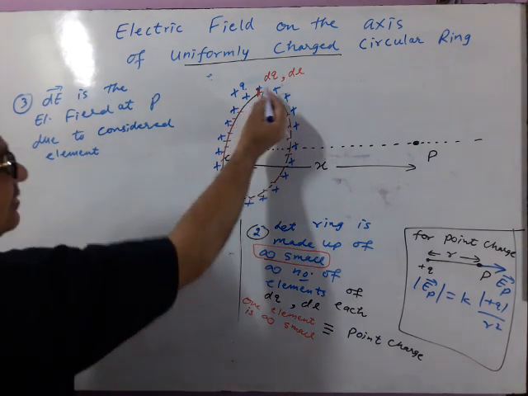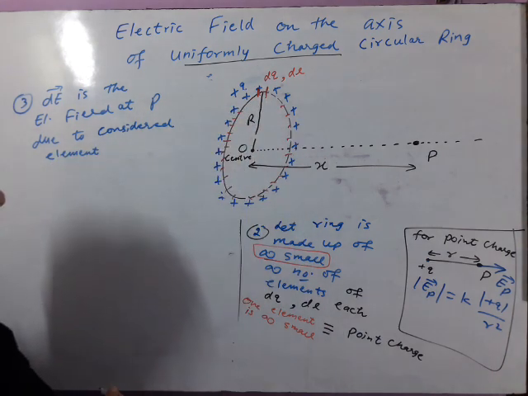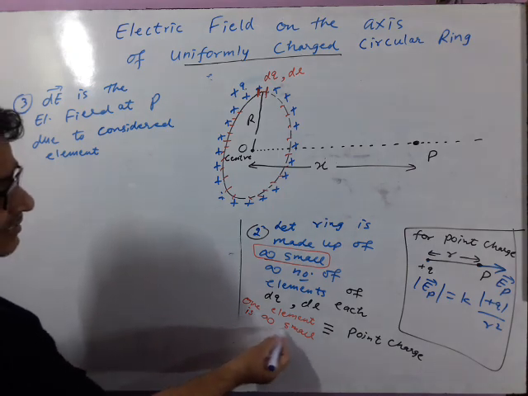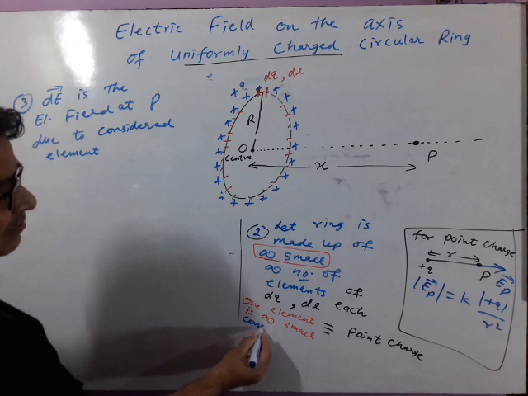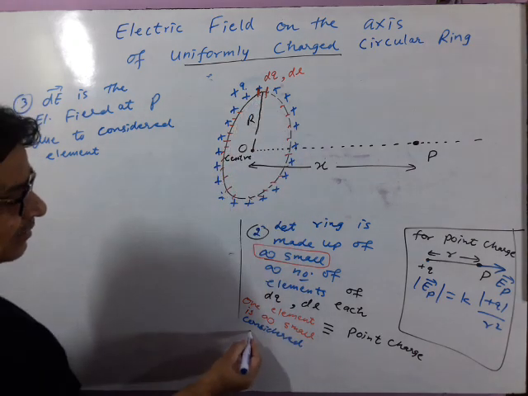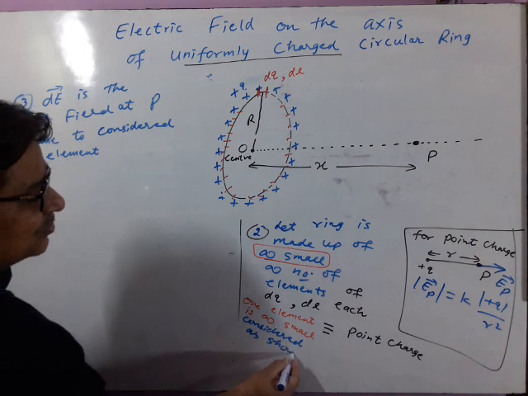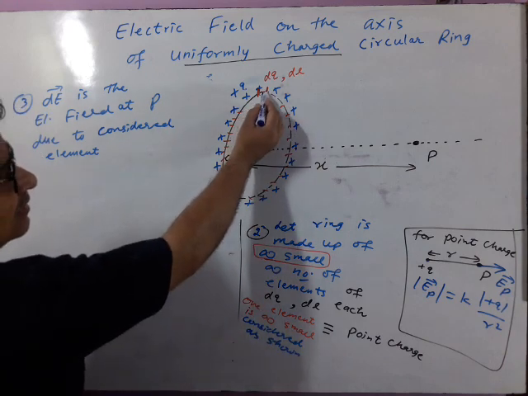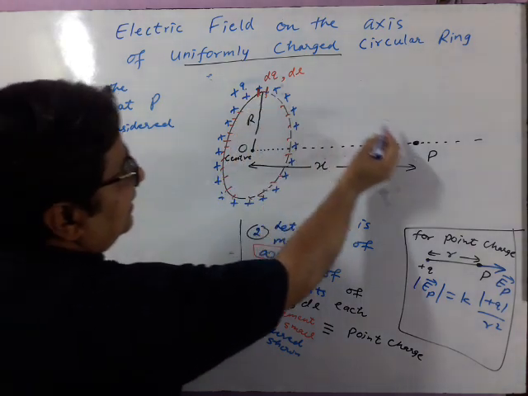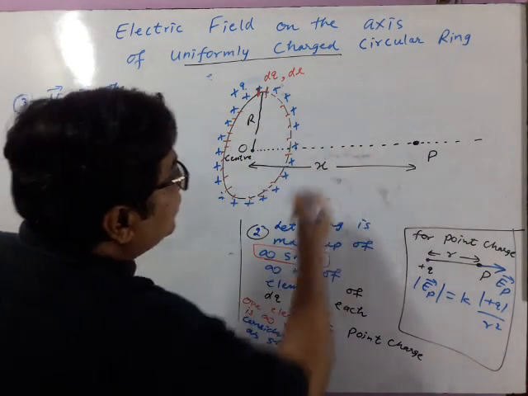See, this is the considered element. You can write here that one element is infinitely small, considered at the top of the ring, or considered as shown. Now let us say we are considering this one element. So this one element will create an electric field at P. So how will you find it?